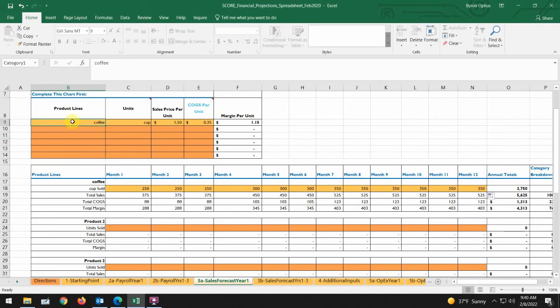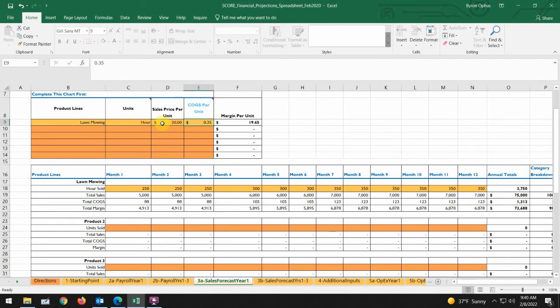Some people might have service types of businesses. Let's say you're going to mow lawns, and maybe you're going to charge by the hour. So we've got lawn mowing. My units are, in this case, by the hour, and I'm going to charge $20 an hour. What's my cost?